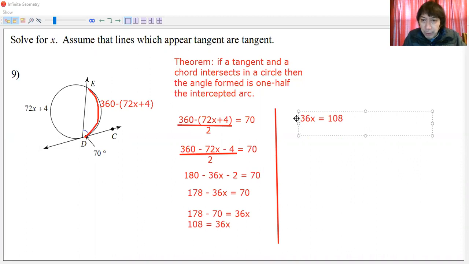Symmetric property. And divide this by 36. All right, so this provides us the answer. 108 divided by 36 is exactly 3. Yes, x is equal to 3.